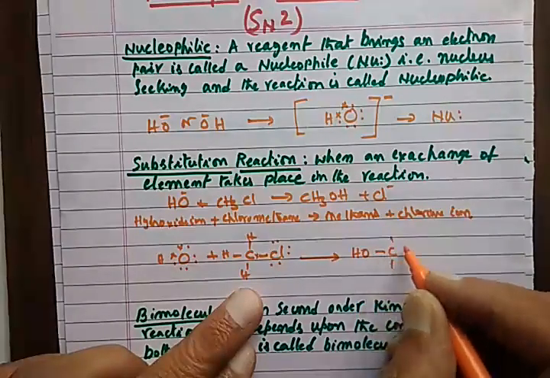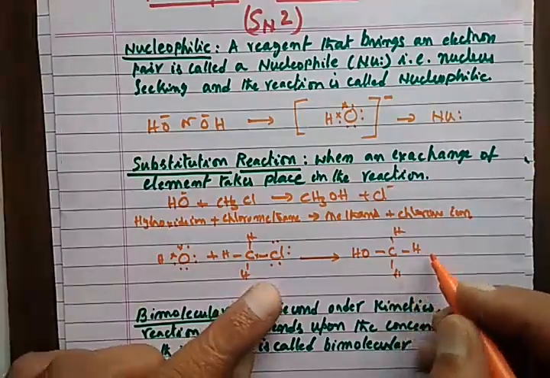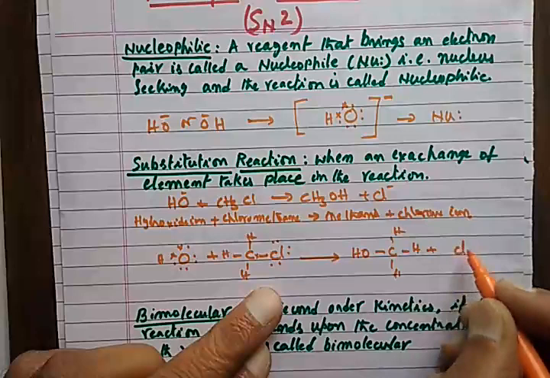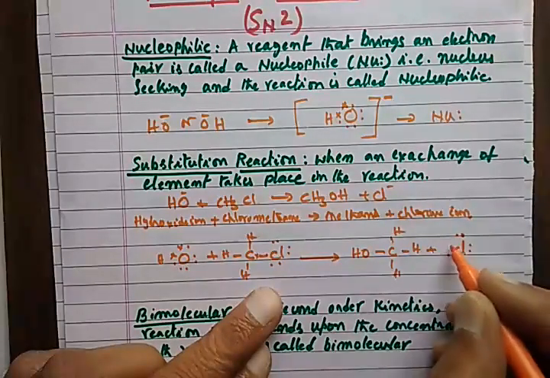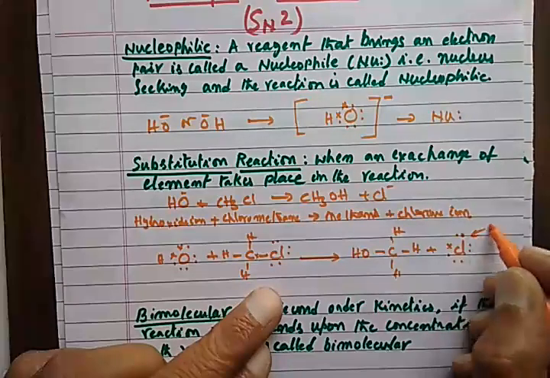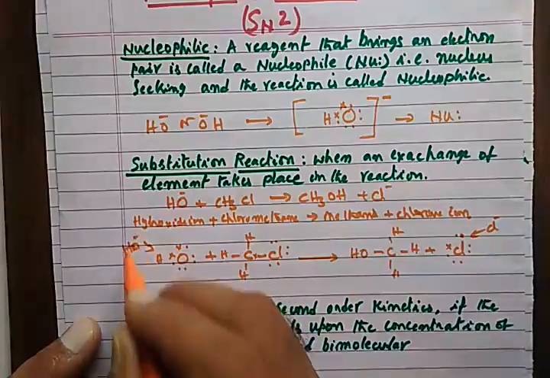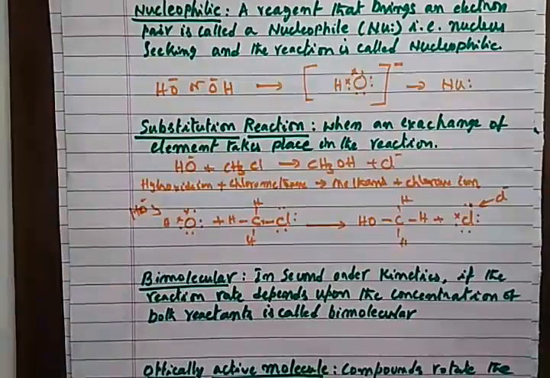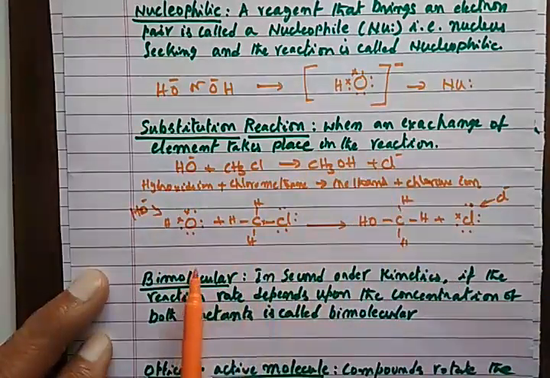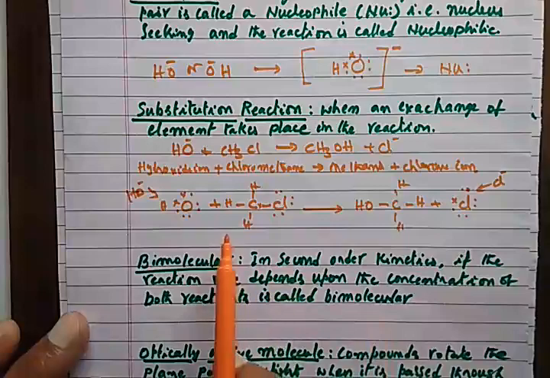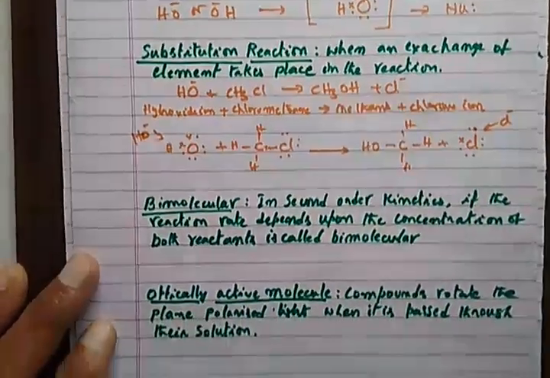Carbon has 3 hydrogen atoms, plus chlorine atom with 1 2 3 4 5 6. That's why it is chlorine minus, and this is HO minus. So this is a substitution reaction. When an exchange of element takes place in this reaction, oxygen is coming here, chlorine is going out.